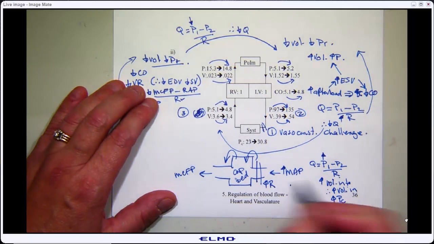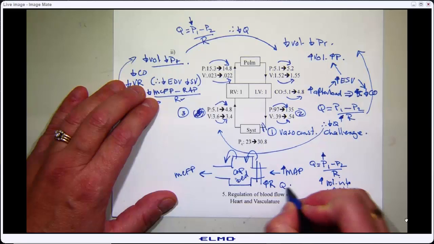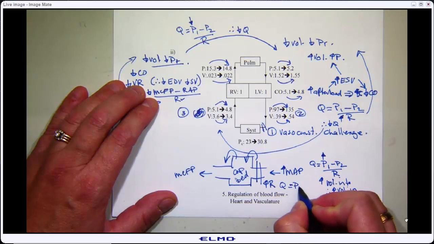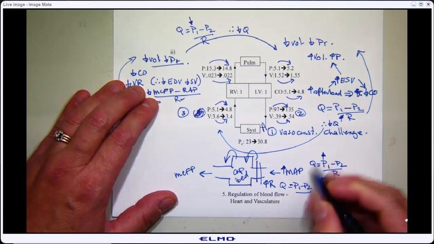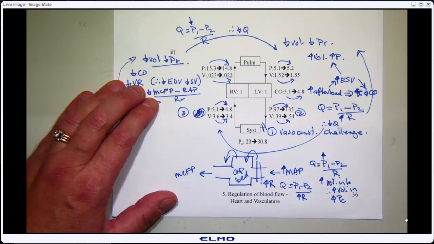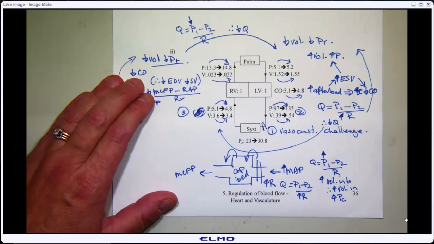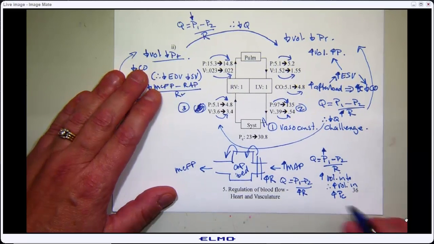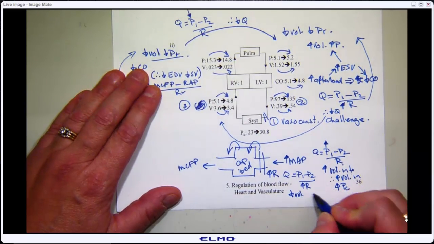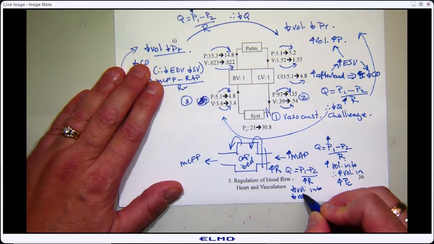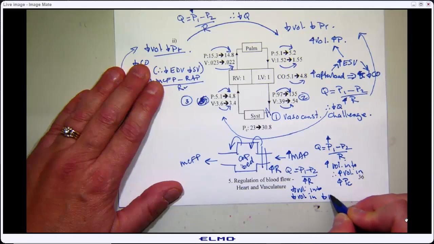And then we threw in a resistance, so this argument stems from flow equals P1 minus P2 over an increased resistance. So flow should go down. Flow into should drop because of that. So decrease volume into, decrease volume in, decrease pressure in.